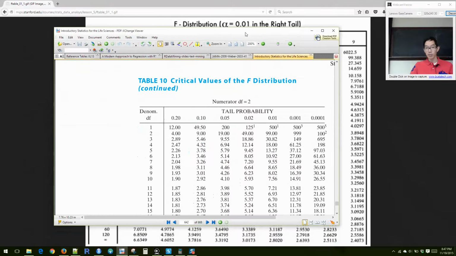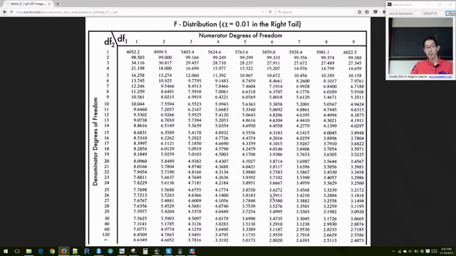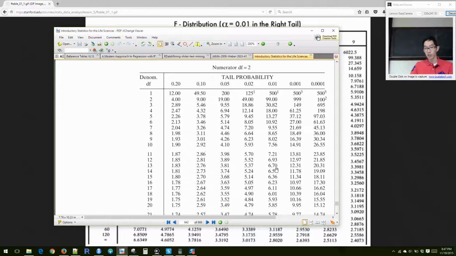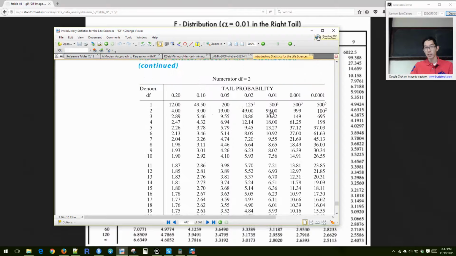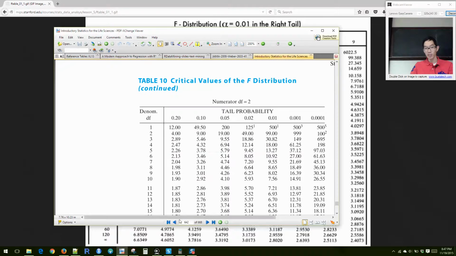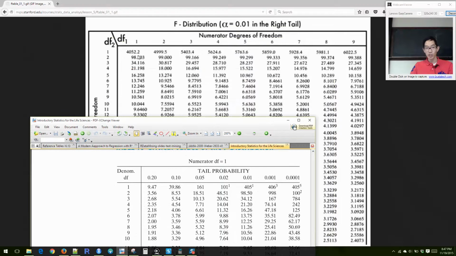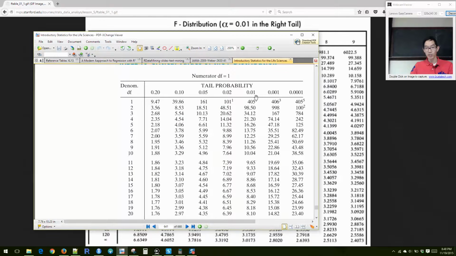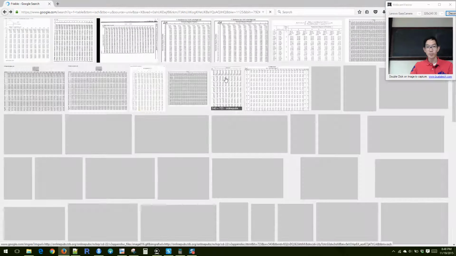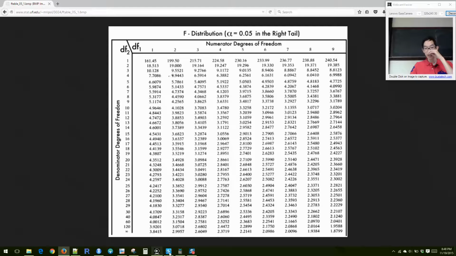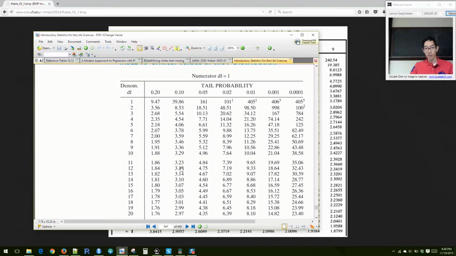Effectively, this table is just taking this entire column, and attaching it to this column over here. Each column here is just this column at the 1%, and the one over here is the same idea for the 5%.